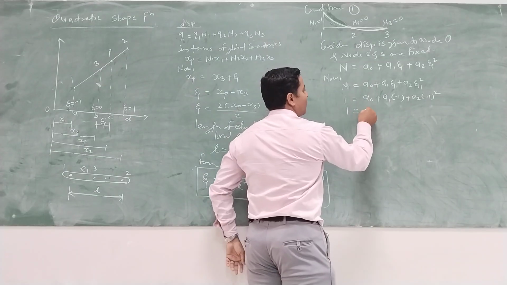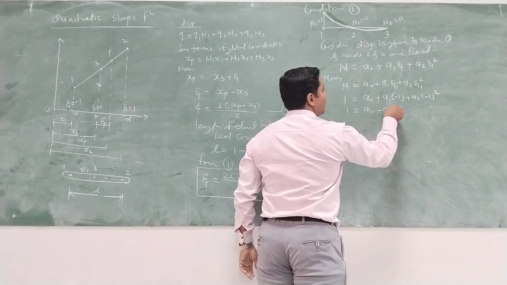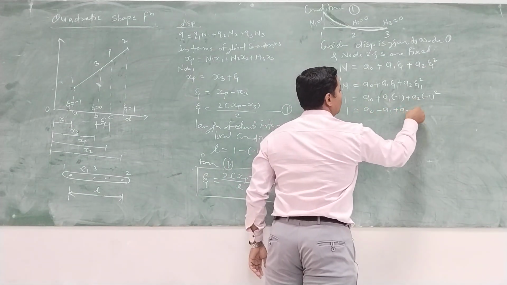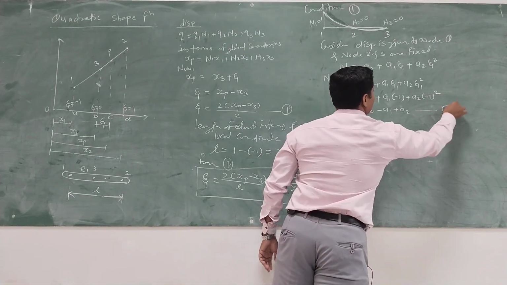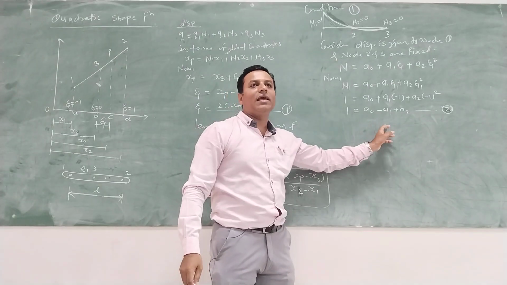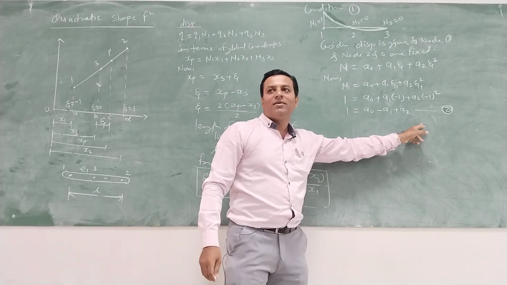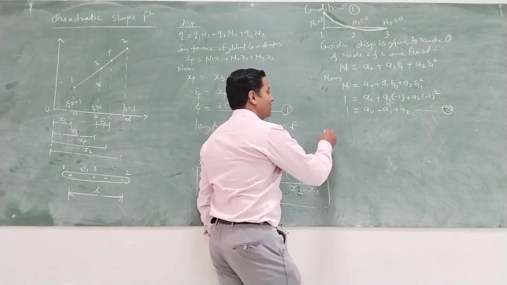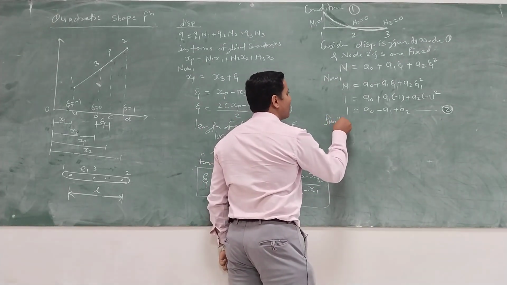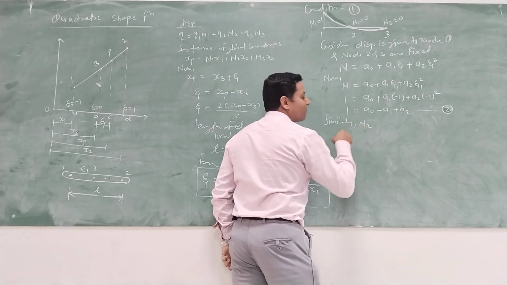So 1 will be equal to A0 minus A1 plus A2. This will be equation number 2. मला एक रिलेशन मिळालं A0 A1 A2 मधलं by taking n1.